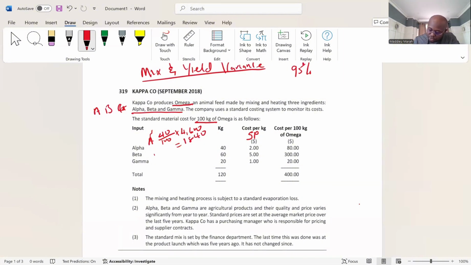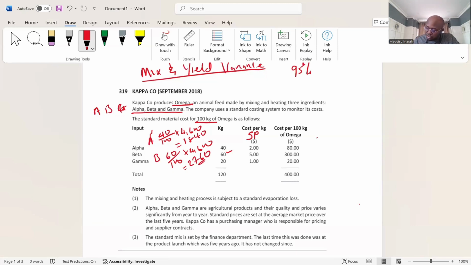Beta is 60 upon 100 kg multiplied by actual production 4,600. What does it give us? 2,760. This is my standard usage for beta.